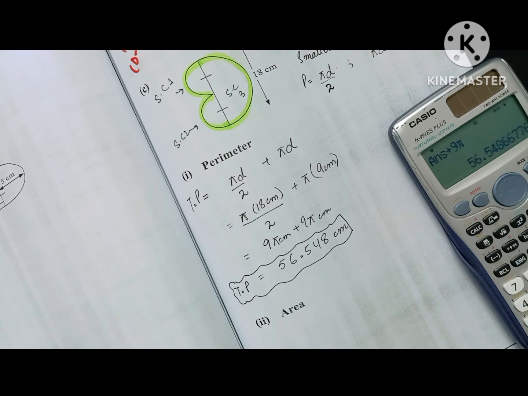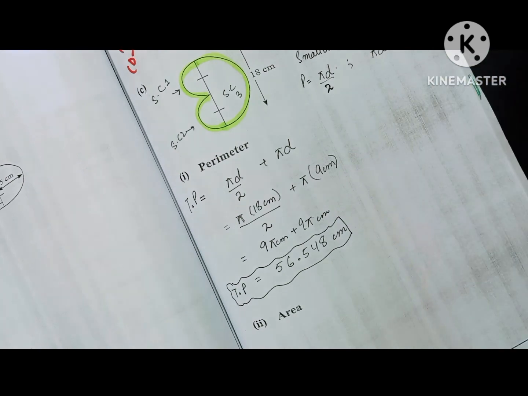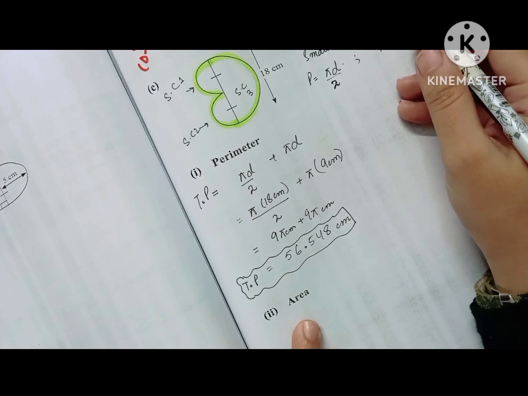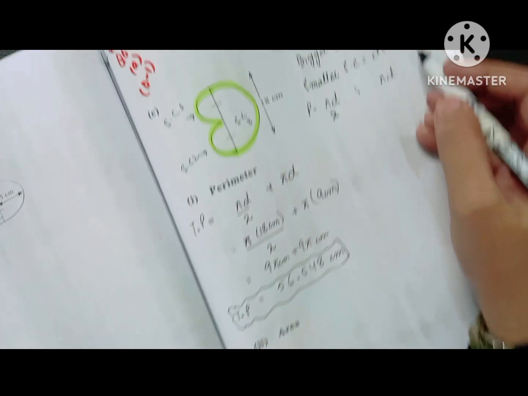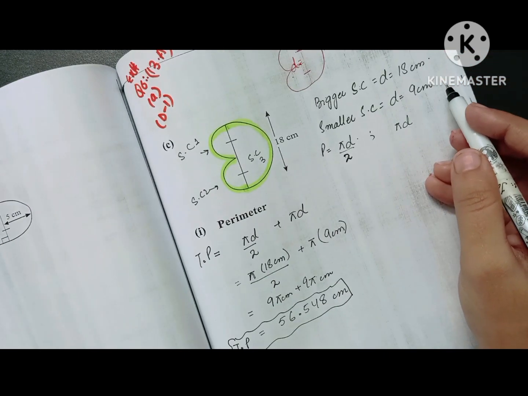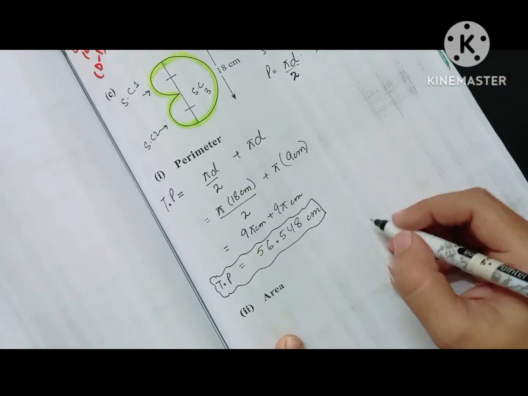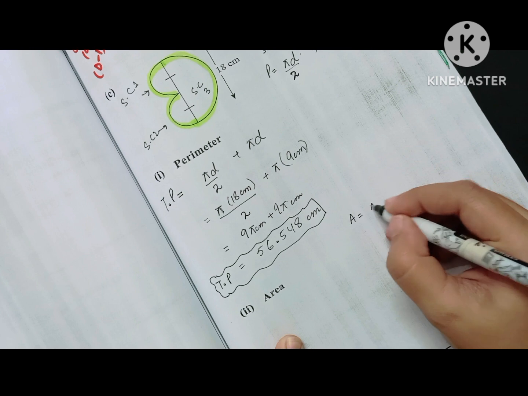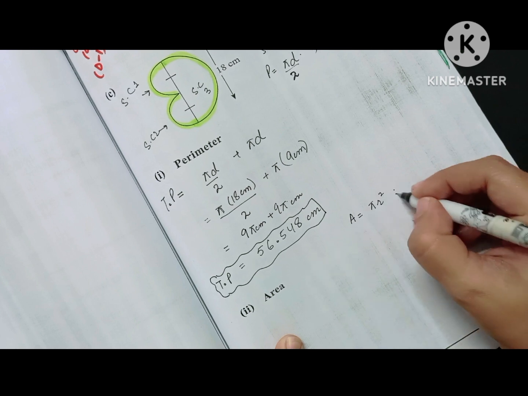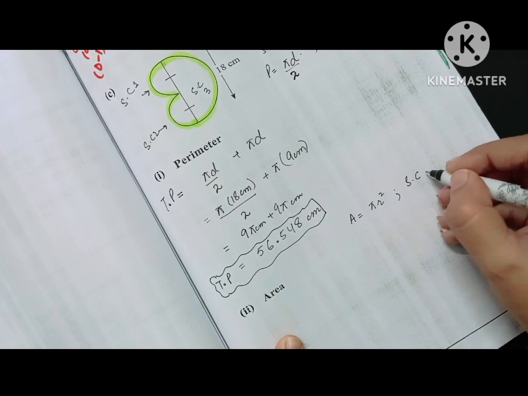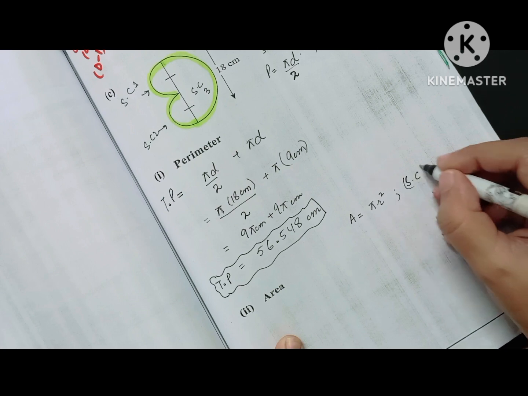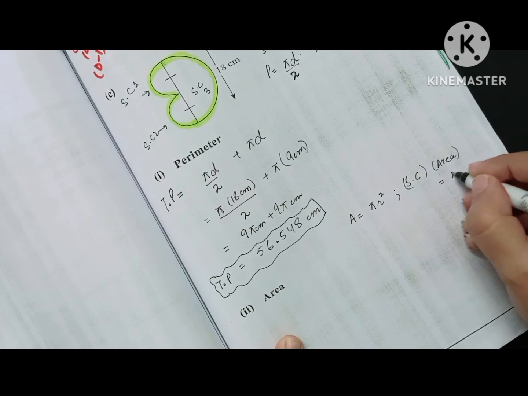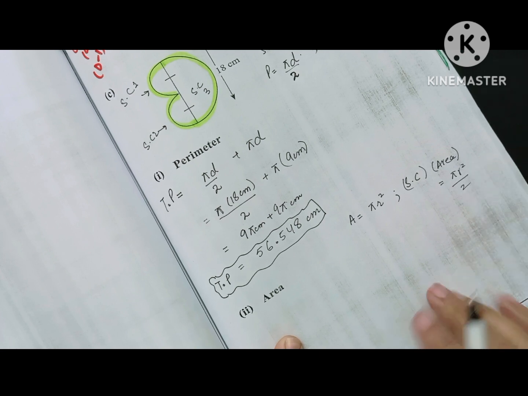And then the area. Area is very simple. We have d as 18 for the bigger semicircle, and for the smaller semicircle we have 9 centimeter. The area of any circle is pi r square, but whenever we have the area of a semicircle, it would be equal to pi r square over 2.